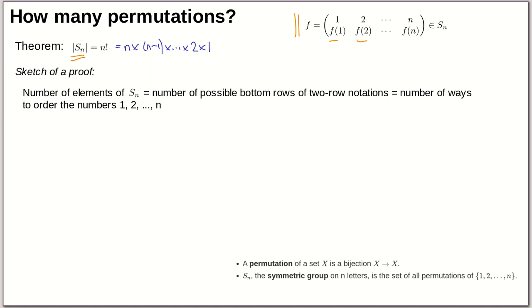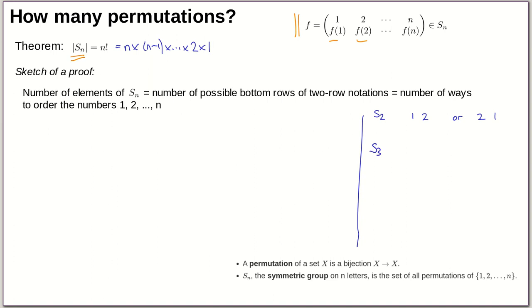At the end of the last video we made the observation that what you have on the bottom row of the two-row notation for an element of Sn is the numbers 1 up to n in some order. So in S2, the possible bottom rows, well, you've got to have 1 and 2 in some order. So the only possible bottom rows are 1, 2 or 2, 1. So there's just two possibilities. That's 2 factorial, so that looks good.